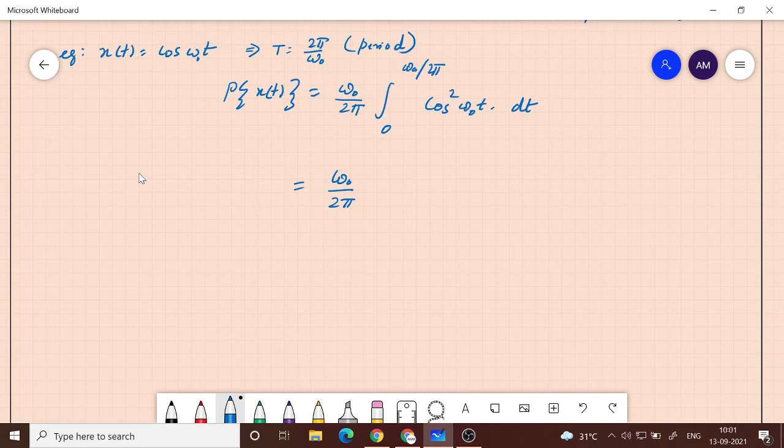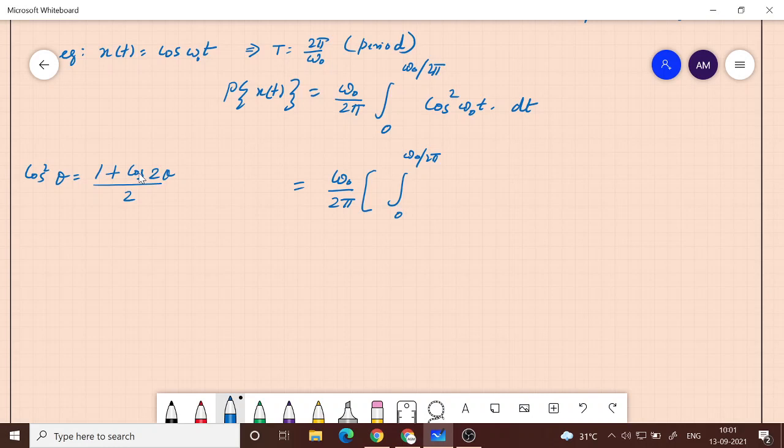Okay, so that is omega 0 by 2 pi. Cos square theta, by trigonometric relationship, is equal to 1 plus cos 2 theta by 2.